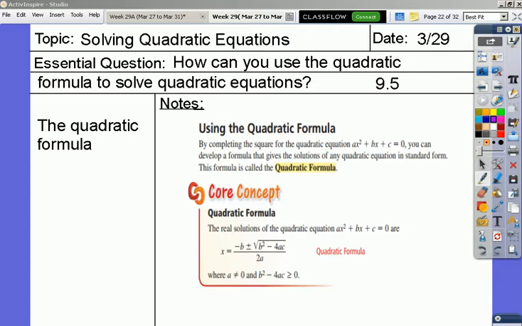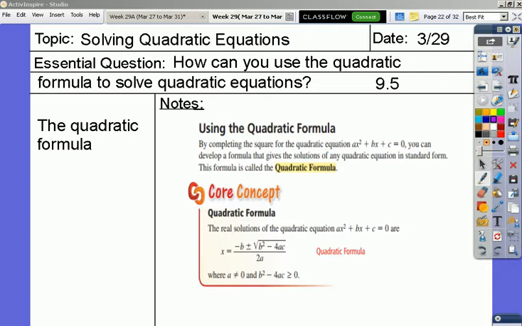Because we learn how to factor, we learn how to complete the square, not only to find solutions to quadratic equations, but for example, with completing the square, putting something in vertex form. I would say that if the problem is too difficult to work with, if you're dealing with decimal coefficients, for example, like 1.3x squared, or you're dealing with very large coefficients, like 227.